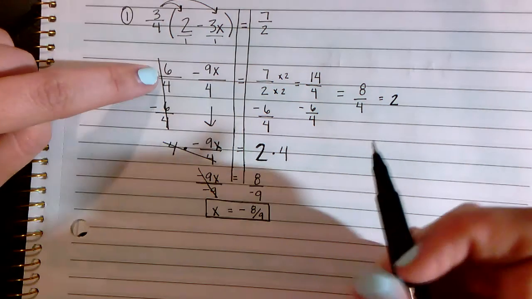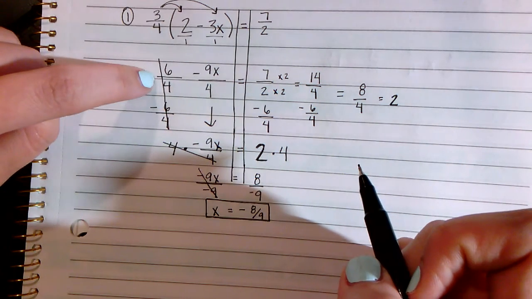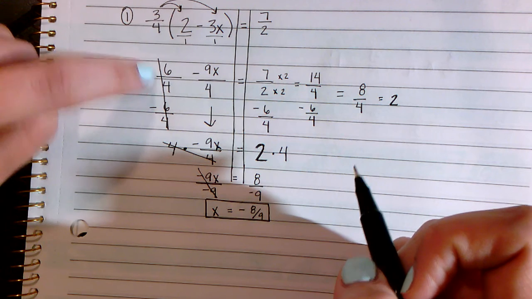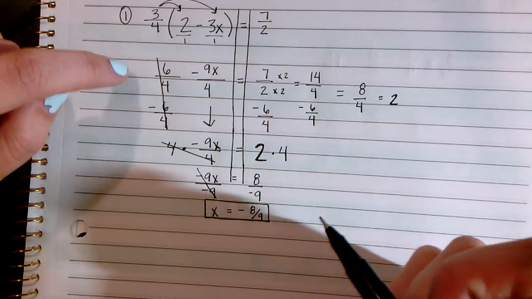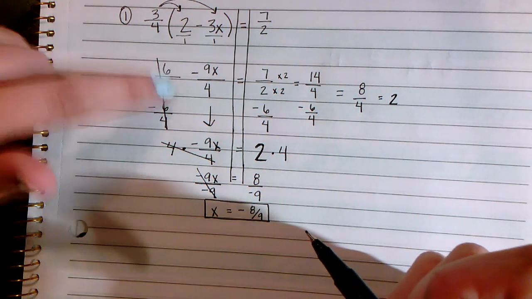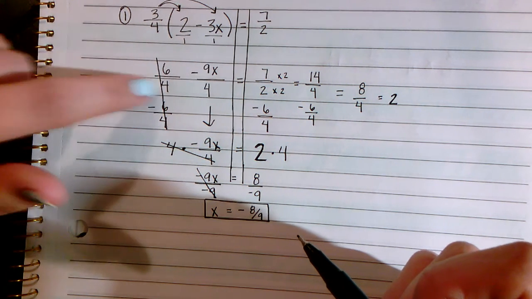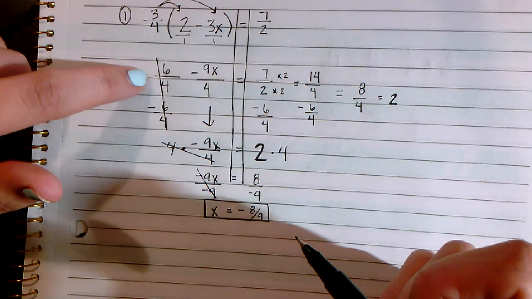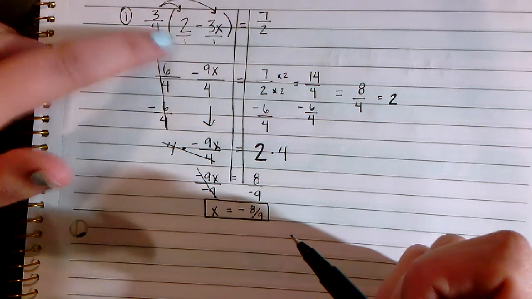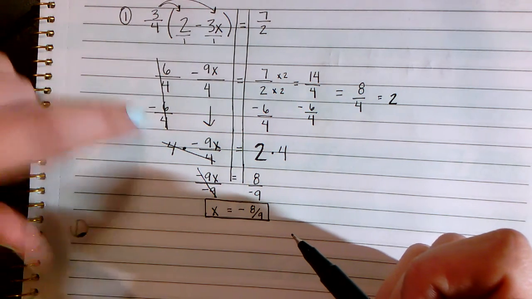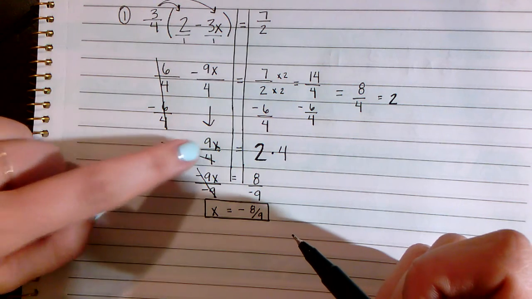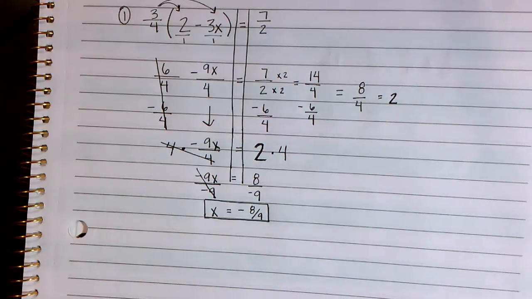And I know some of you are probably thinking, well, wouldn't I multiply this? And you can, but even though this is a weird fraction, just go ahead and get rid of the whole thing. Like we need all of this gone, not just the denominator. We don't need to just get rid of divided by 4. We need to get rid of the whole thing. So let's just subtract it away and then work on this and break this down.